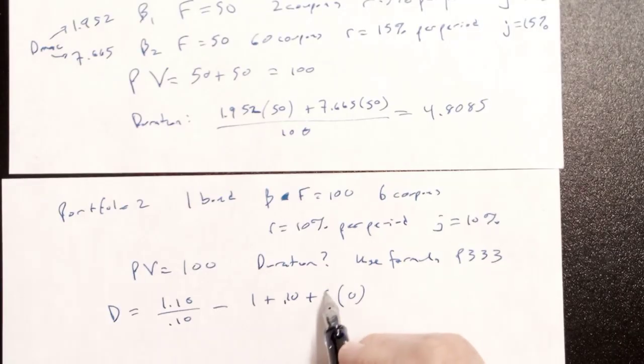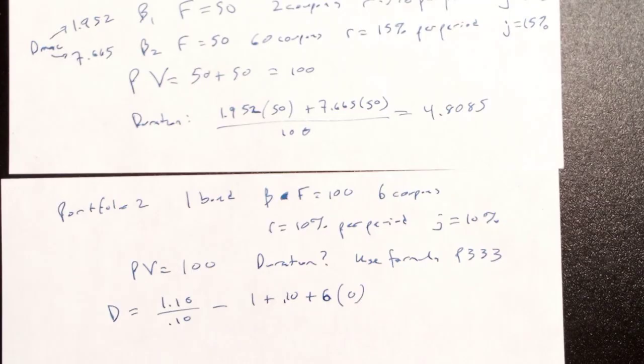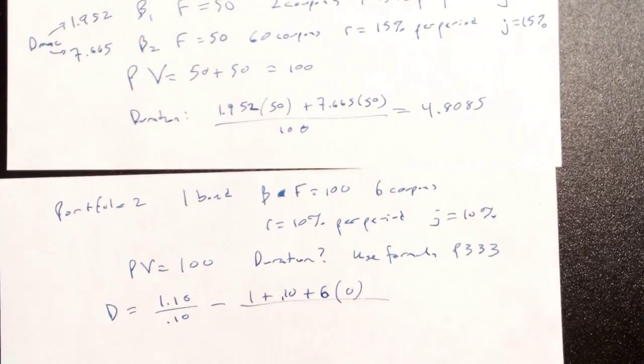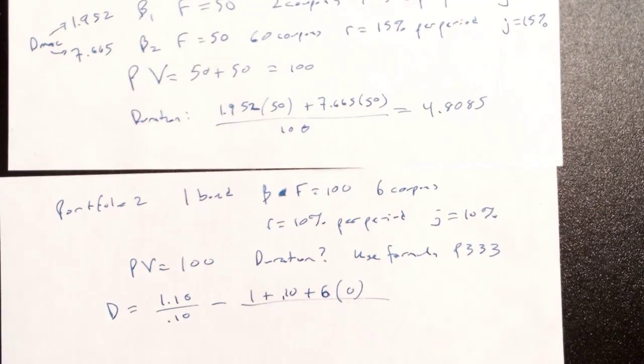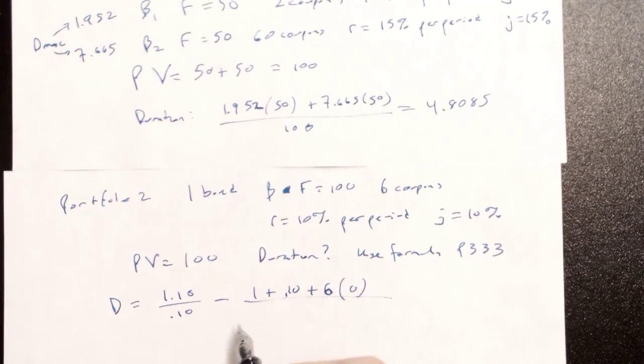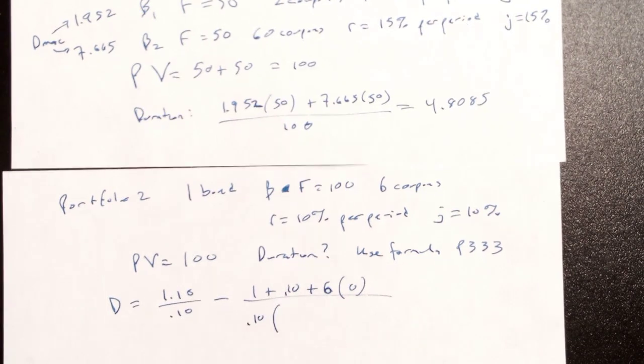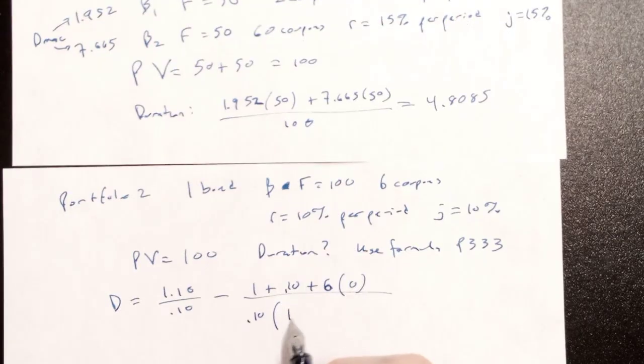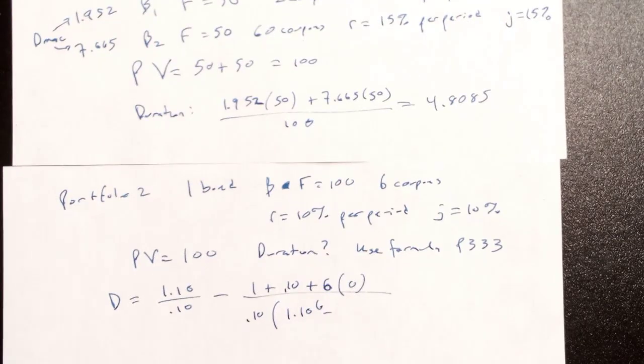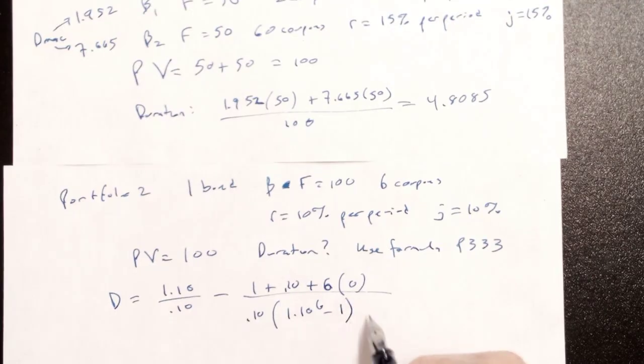Oh, n was 6. Put in the numbers. Then divided by R times 0.10 times (1 plus j) to the n, 1.10 to the sixth minus 1, plus j.